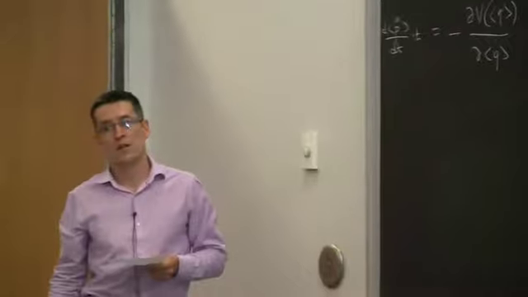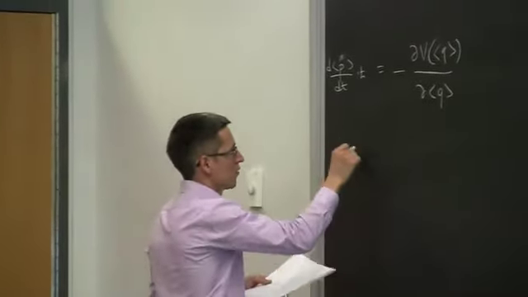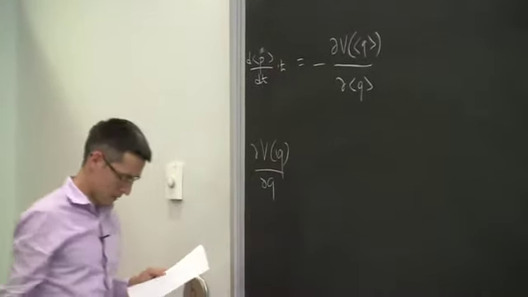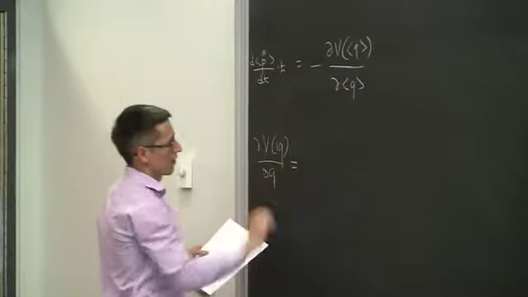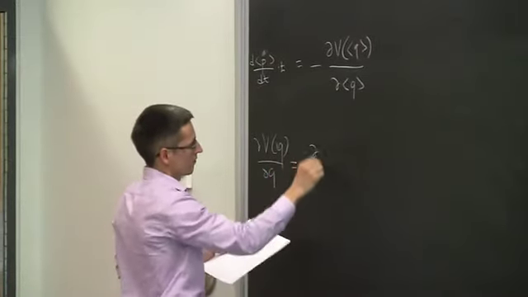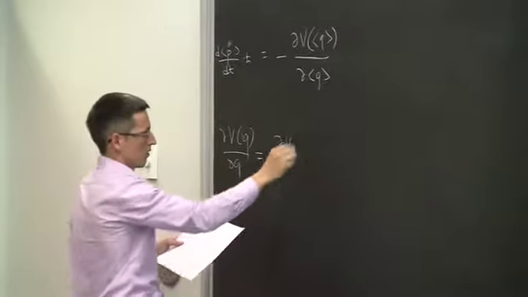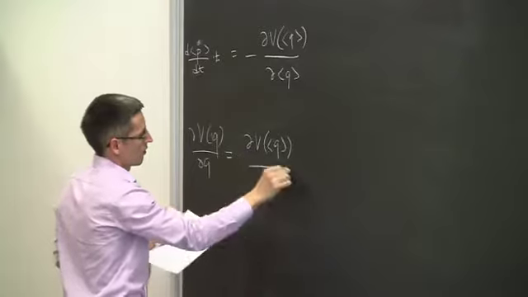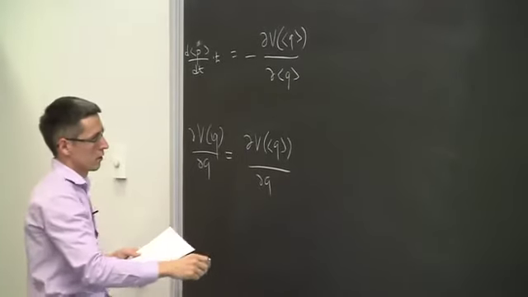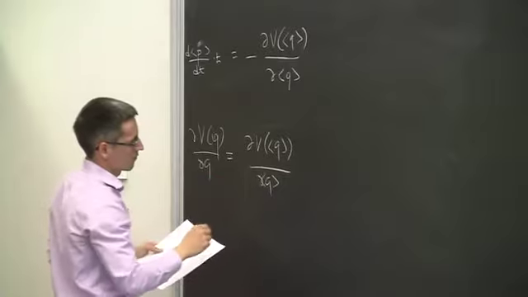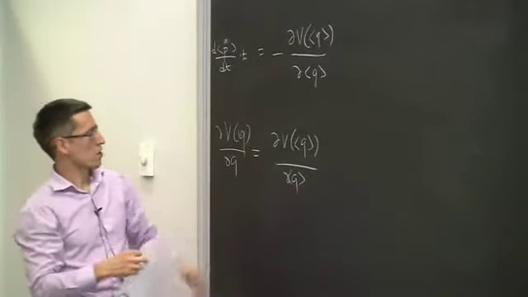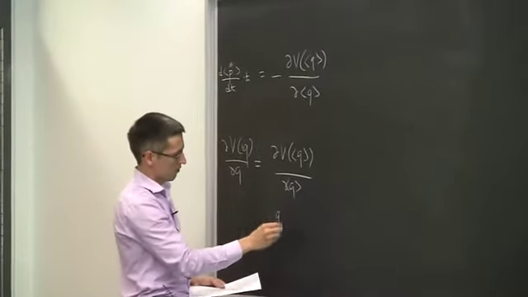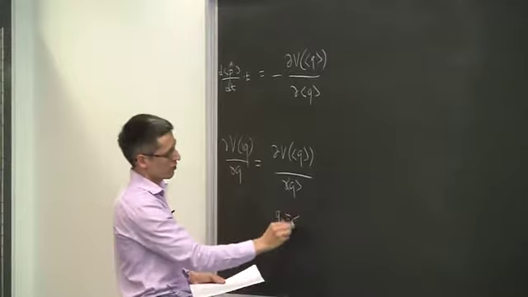So our v of q derivative, we can expand it in a Taylor series. The first term would be around this point. Essentially, what we do is expand the function in a Taylor series around the point which is the average of q.